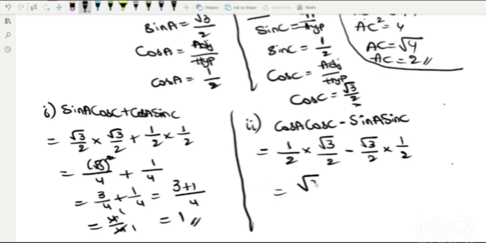Now 1 into root 3 is root 3, 2 2s are 4, minus root 3 into 1 is root 3, divided by 2 2s are 4. Root 3 by 4 minus root 3 by 4 is 0. So for cos A cos C minus sin A sin C, the value is 0.